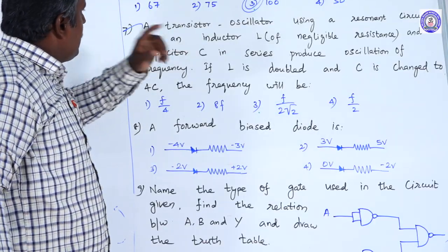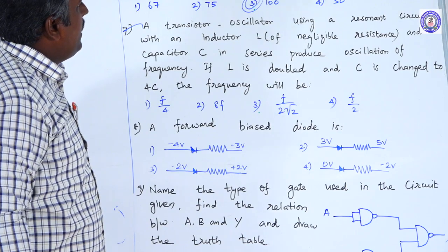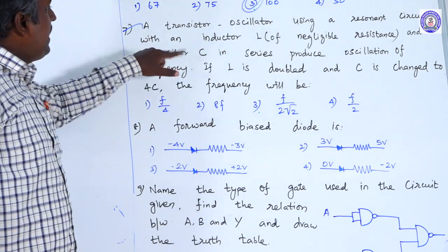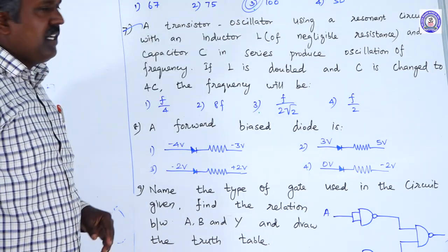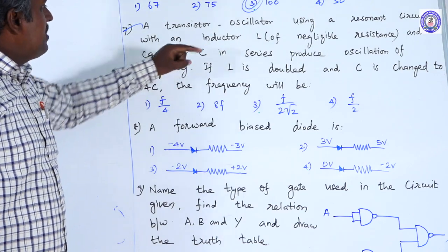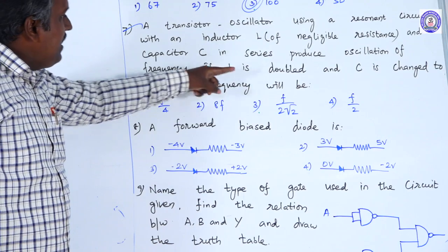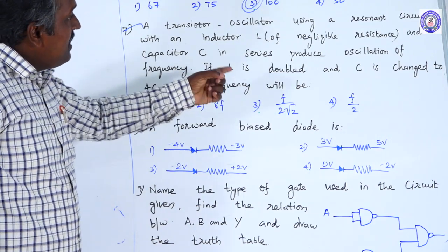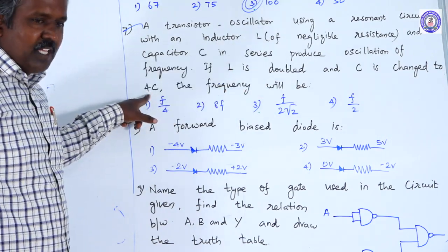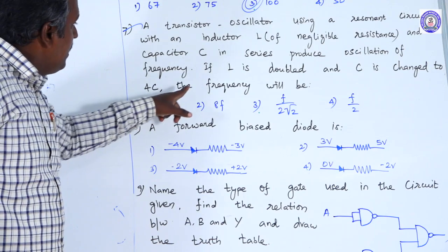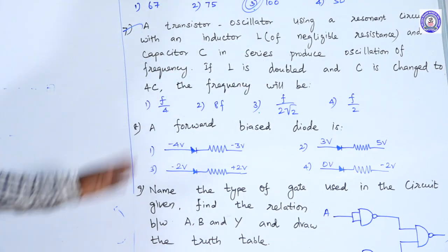A transistor oscillator using a resonant circuit with an inductor L of negligible resistance and a capacitor C in series produces oscillation of frequency F. If L is doubled and C is changed to 4 times its initial capacitance, the frequency will be? What's the meaning of this first?